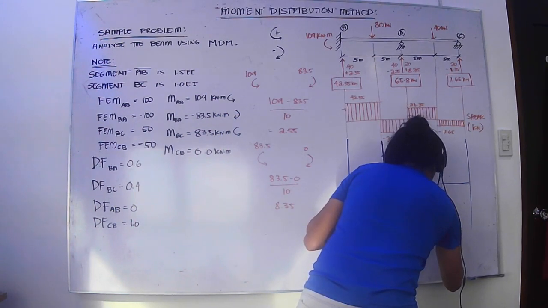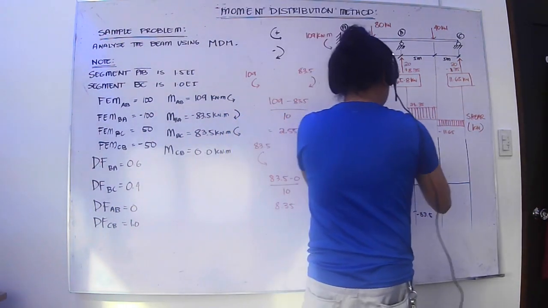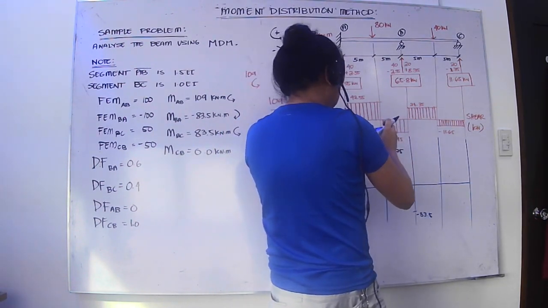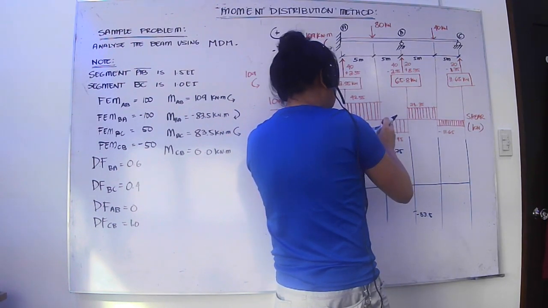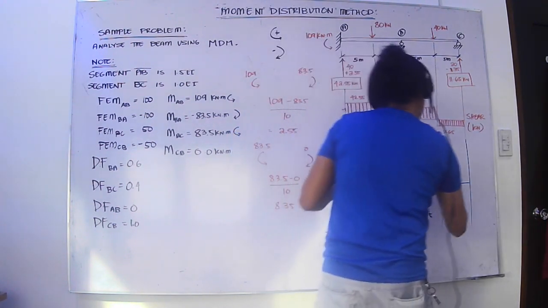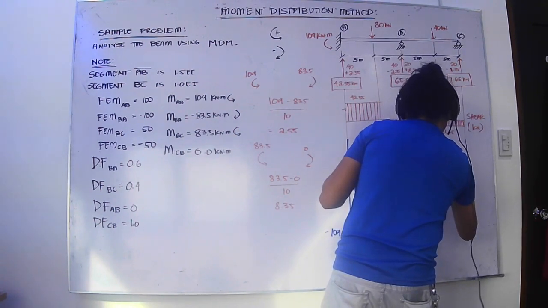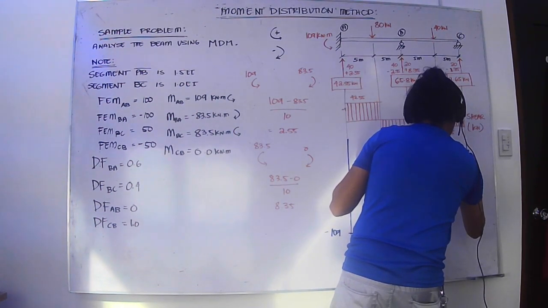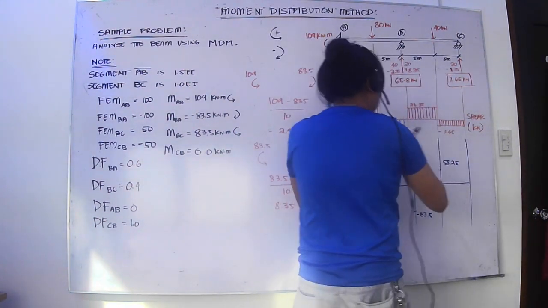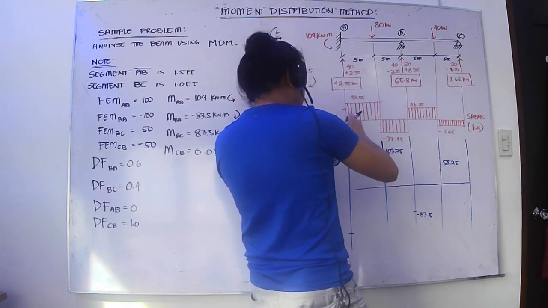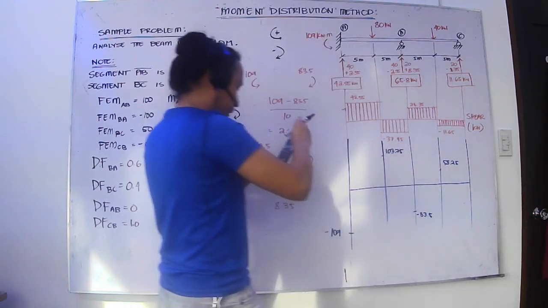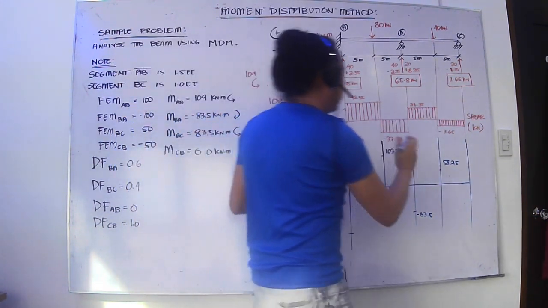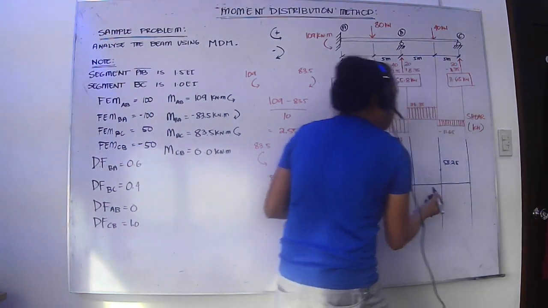Next, we add the area, multiplied by 5, which gives 58.25. Then we subtract the area, 11.65 times 5, which is 0. This brings us back to equilibrium.